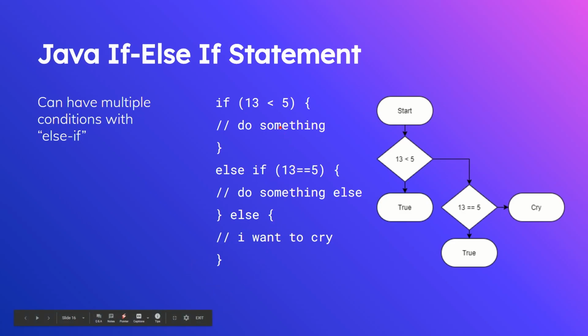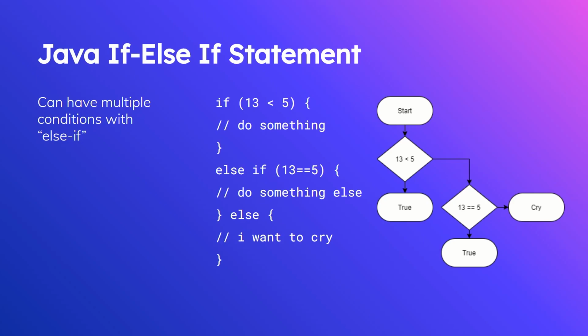But essentially, if we take a look over here, is 13 less than 5? It's false. So we move on to the else if. Is 13 equal to 5? Also false, so we end up moving to the else statement. So our if, else if statements are going to run from top to bottom, and it's always checking: is this condition true?